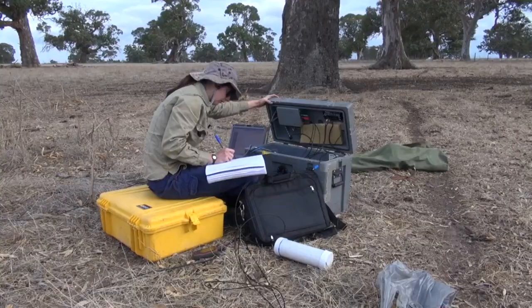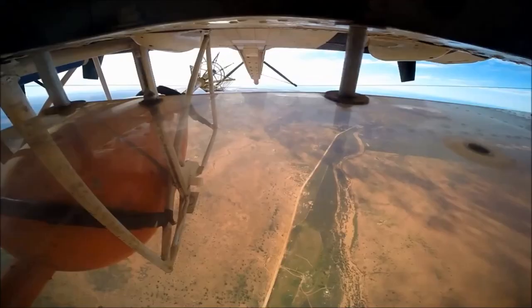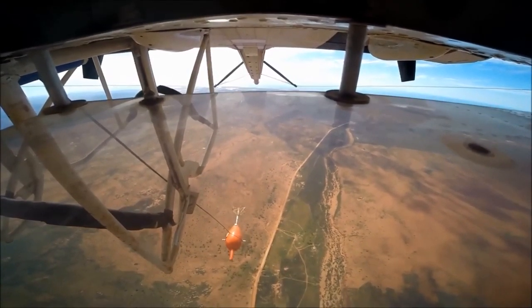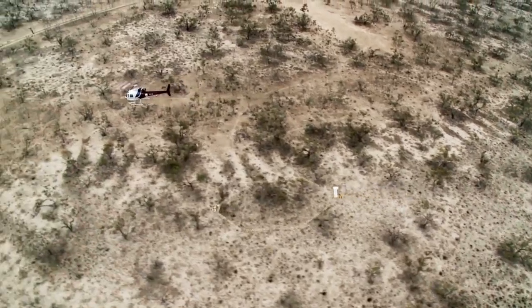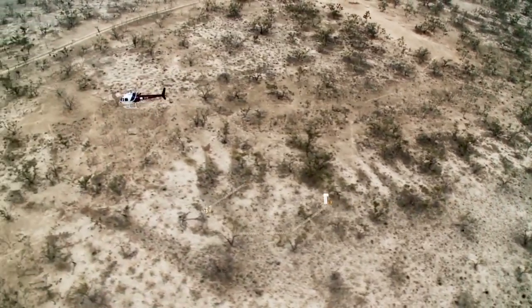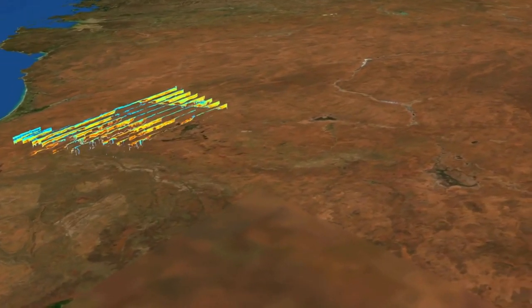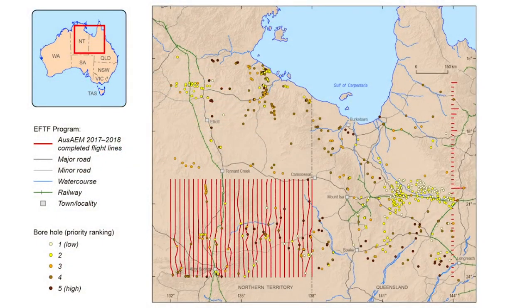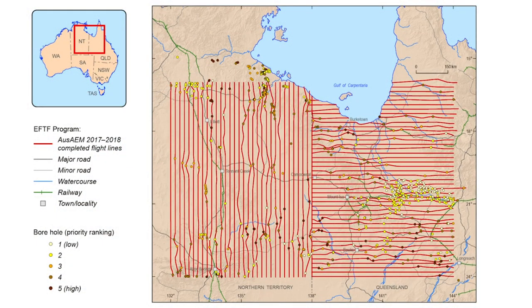Geoscience Australia carries out a number of geophysical surveys to investigate where resources are hosted underground. One technique used to identify mineral and groundwater resources is airborne electromagnetic, or AEM, surveys. Through the Exploring for the Future program, Geoscience Australia completed the world's largest AEM survey in the Northern Territory and Queensland.